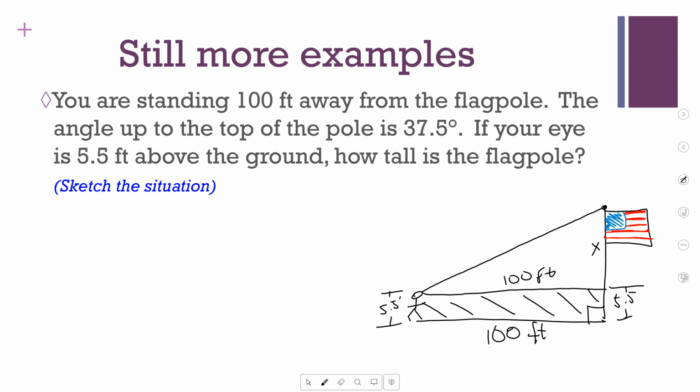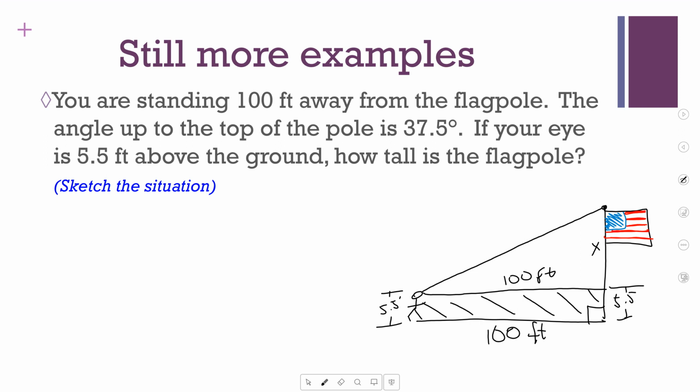If I try to do cosine, cosine is adjacent over hypotenuse. You can't use the 90 degree angle. Cosine is not hypotenuse.